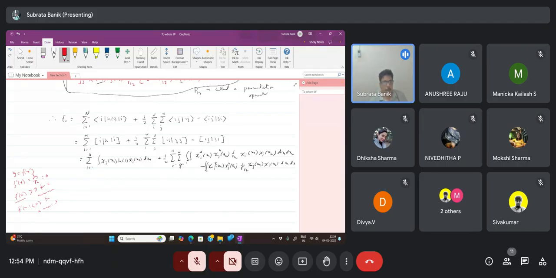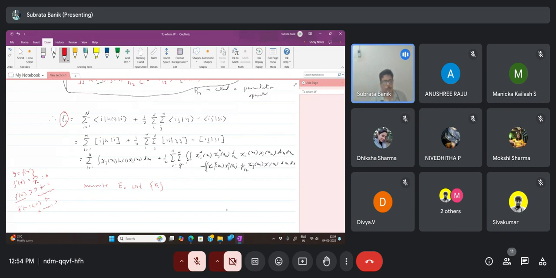Okay. So we have to minimize this with respect to the set of orbitals. What we have here: minimize E0 with respect to the set of chi i. You see, chi i is not one, there are many.